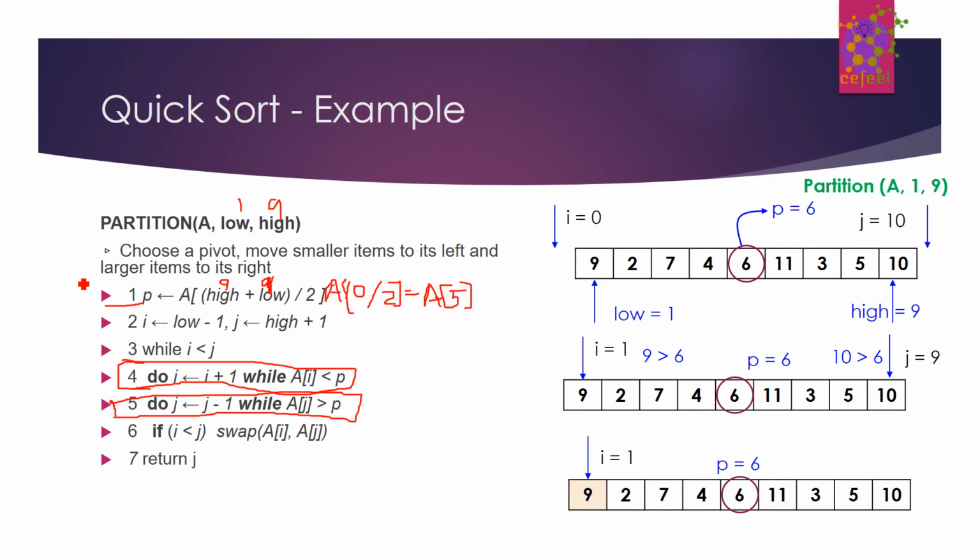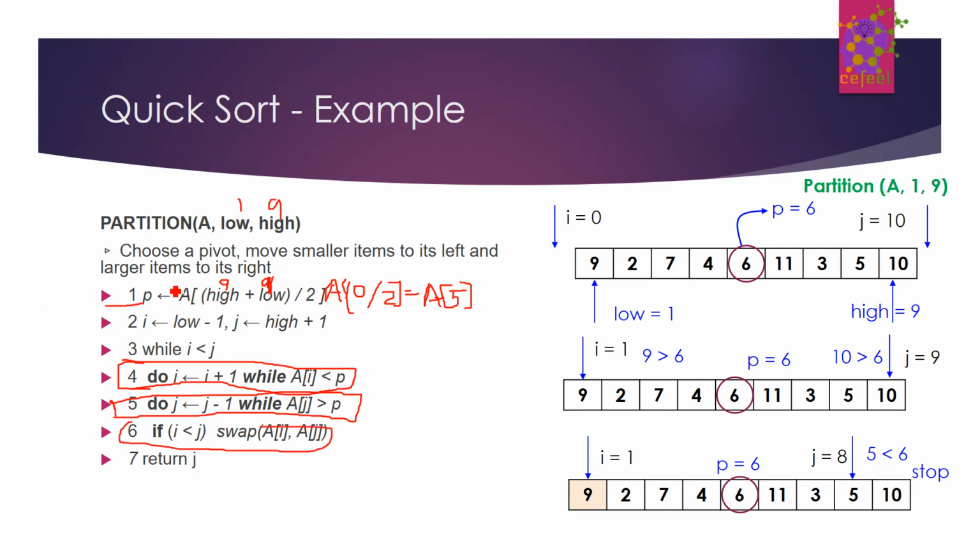Next, j becomes 8 here, and the value is 5. 5 is less than 6. Cool. So we have found a point where we need to stop because A[j] is no longer greater than p, A[j] is less than p. So the inner while loop will stop on step 5, and we go to step 6 now.